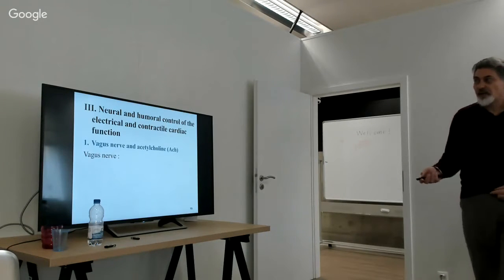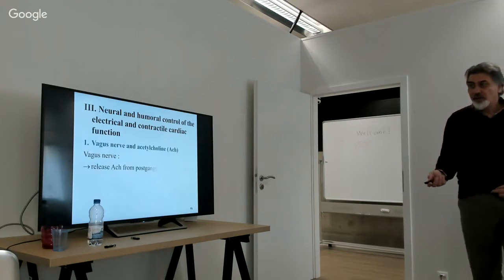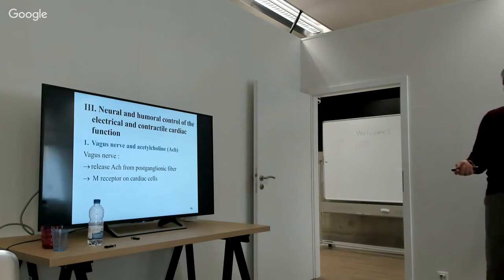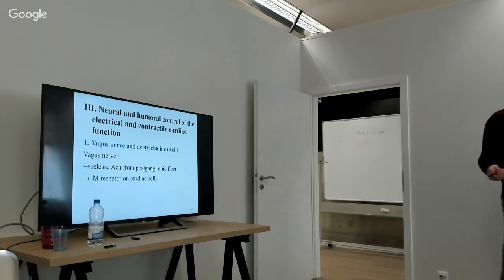The vagus nerve releases acetylcholine in the postganglionic fiber, which acts on muscarinic receptors, M standing for muscarinic, on cardiac cells, and opens potassium channels. That's because of the hyperpolarization I showed you.